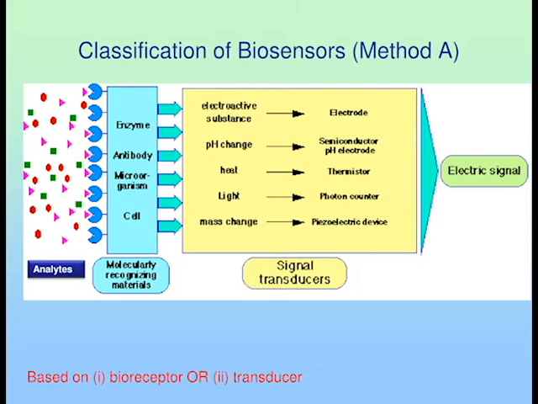Just like I said, glucose oxidase, glucose biosensors are based on the enzyme, the bioreceptor. So for this one, I give you a clue: the pH of the solution will change. Can you give me a creative way to name that biosensor? There's no right or wrong. You can say anything you wish. Just design one for me.